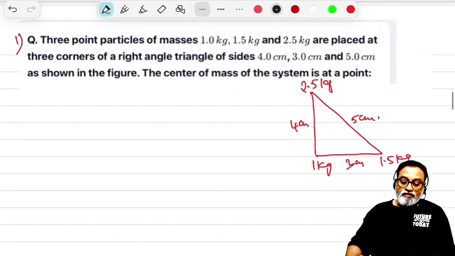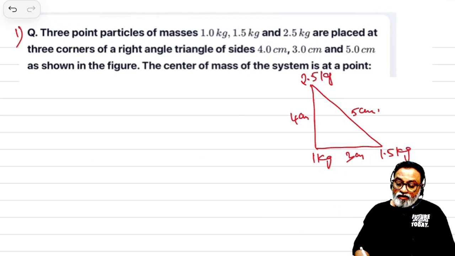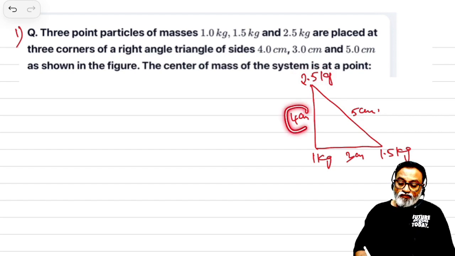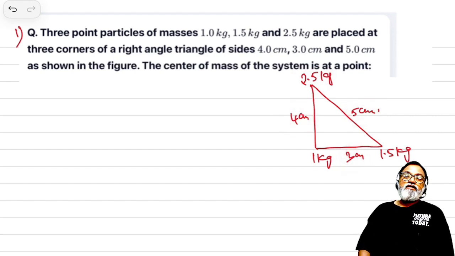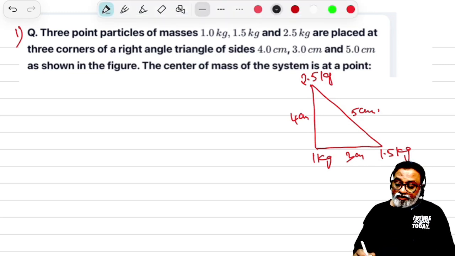For example, here is one problem. The problem is given like this: here 1 kg, this is 1.5 kg, and this one is 2.5 kg, and this side is 4 centimeter, this is 3 centimeter, here is 5 centimeter. We have to find out the coordinates of center of mass of the system. In step 1, we first locate the coordinates of each mass.